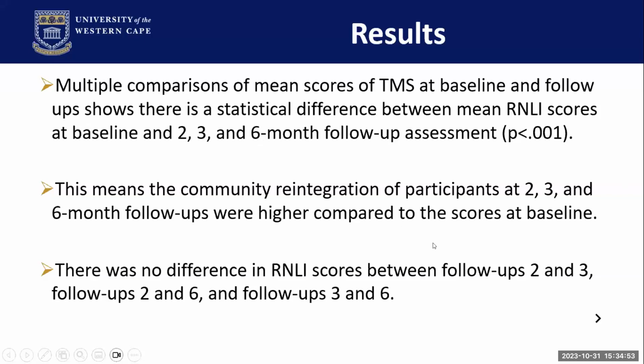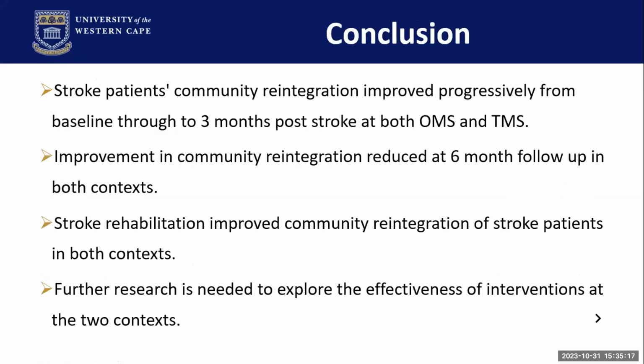So this means that community reintegration of the participants at 2, 3, and 6 months follow-up were higher compared to the scores at baseline at the traditional medicine setting. But there was no difference between the follow-up periods: between 2 and 3 months, between 2 and 6 months, and between 3 and 6 months follow-up period.